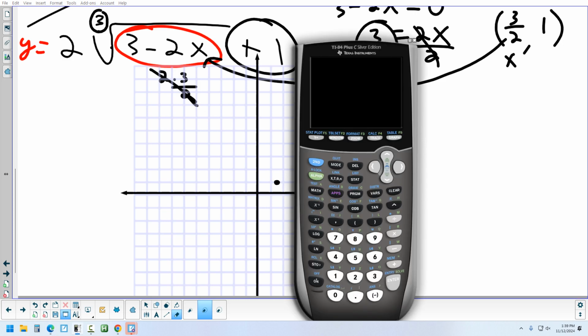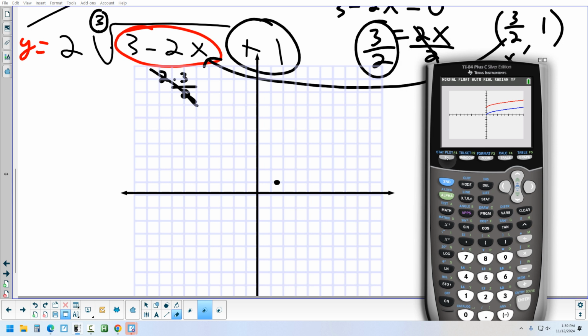And the quickest way to check them, if you don't want to plug them in by hand, is to type it in on the calculator: 2 times the cube root of 3 minus 2x, plus 1. And we're going to use the table. If you want to check the point you already found, you can. Try 1.5, and you get 1.5 comma 1. That's exactly what we got. So we know the center is correct.